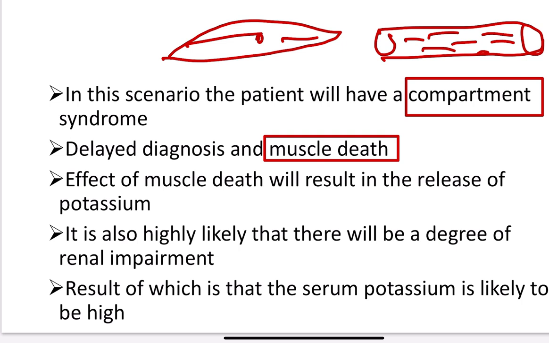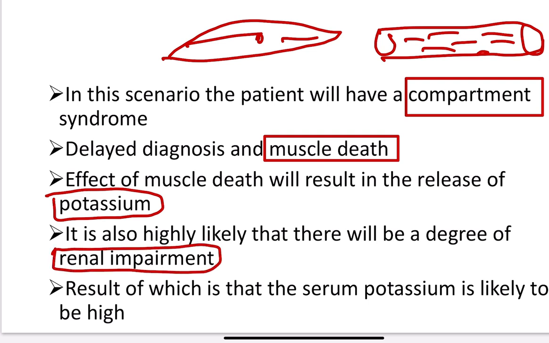So when muscle death occurs, a huge amount of potassium enters the blood. It is also highly likely that there will be renal impairment, in the form of acute tubular necrosis.